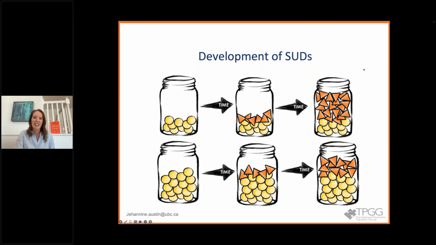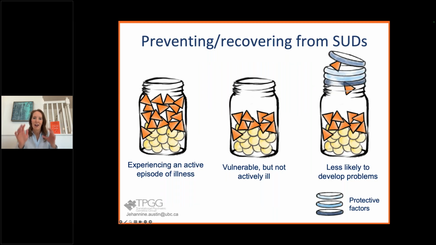But hopefully this also shows you, or allows us to start thinking about, how we can either prevent or recover from substance use disorders. And so if you imagine that a full jar means someone is actively experiencing problems, you can either remove environmental risk factors, so they might still be at risk, but they're not actively experiencing problems, or we can add protective factors.